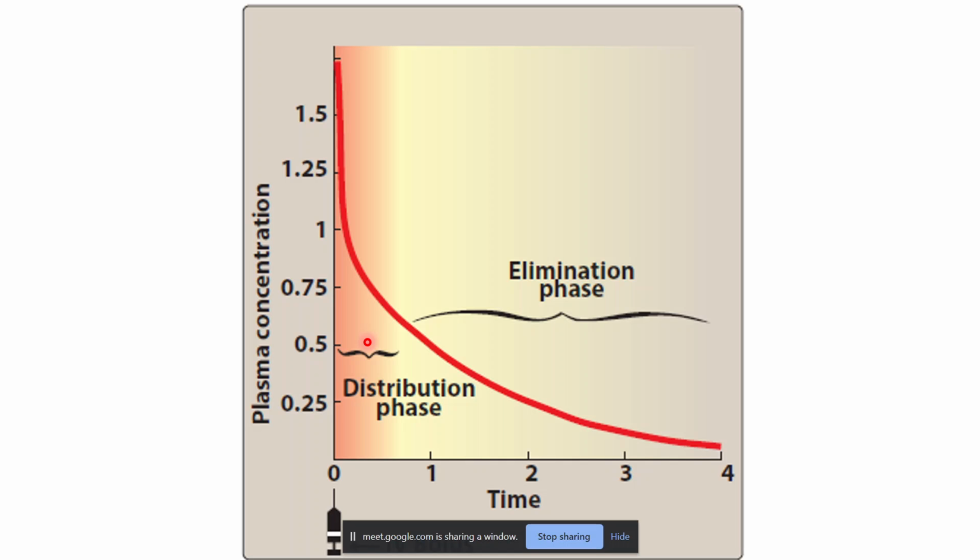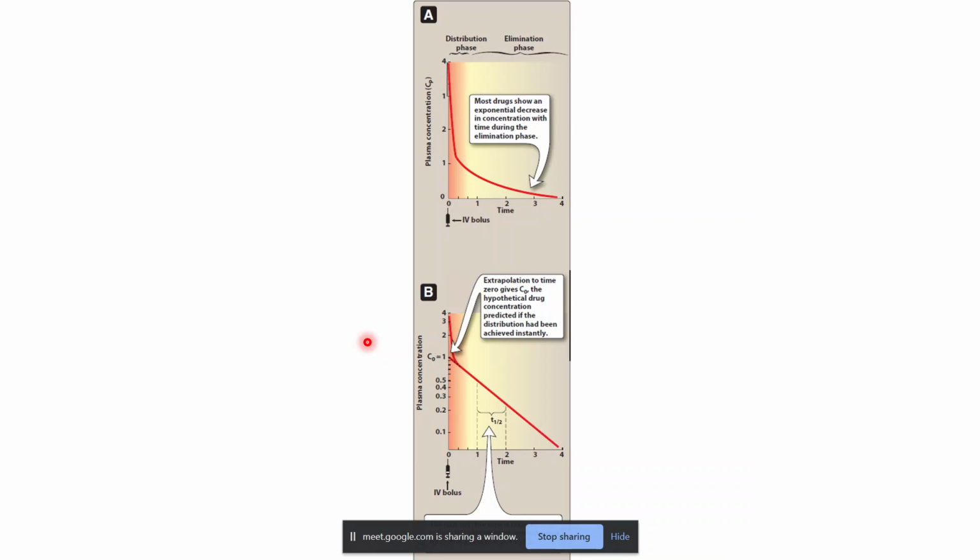There are two types of the distribution, depending on the decrease in the concentration.